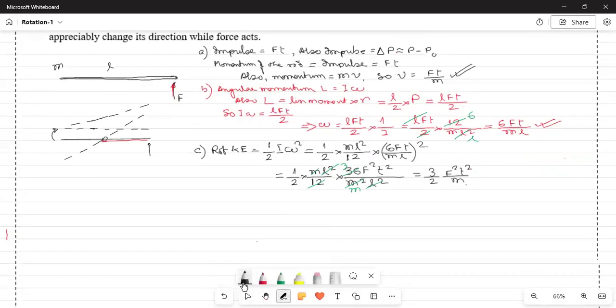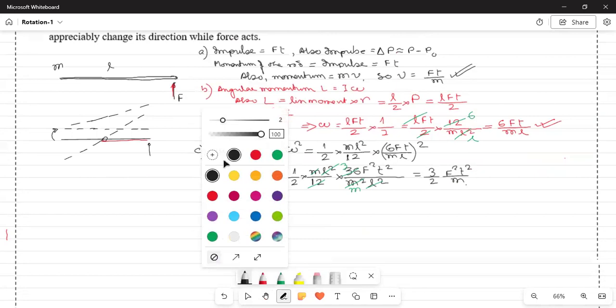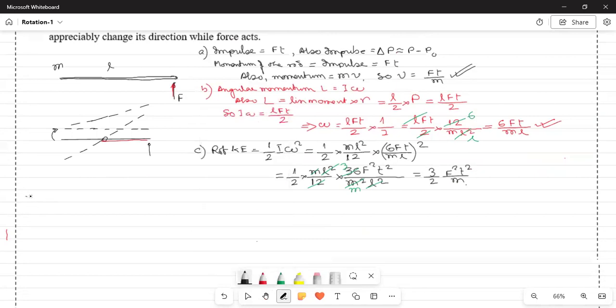What is the translational kinetic energy? Translational kinetic energy is equal to half m v square. And here it is half m, and what is v?